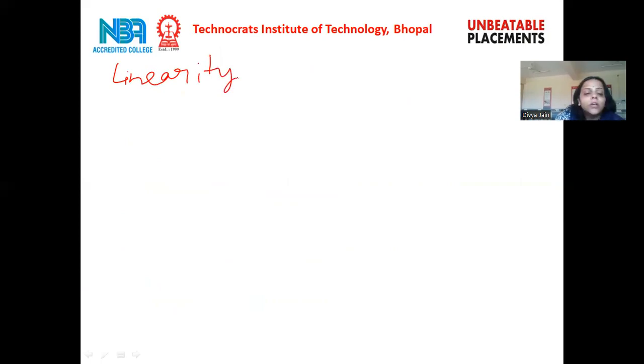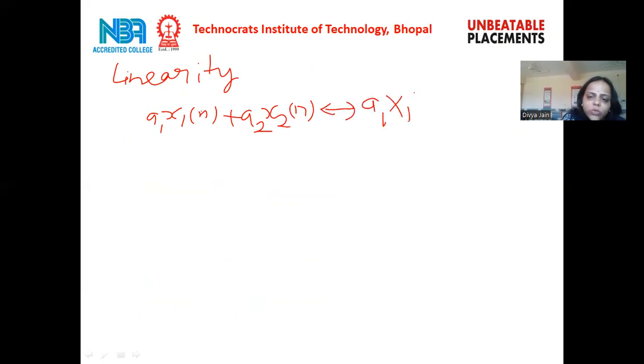Linearity. The statement for linearity property says that for A1 x1[n] plus A2 x2[n], the transform of this sequence is what? A1 X1(z) plus A2 X2(z).